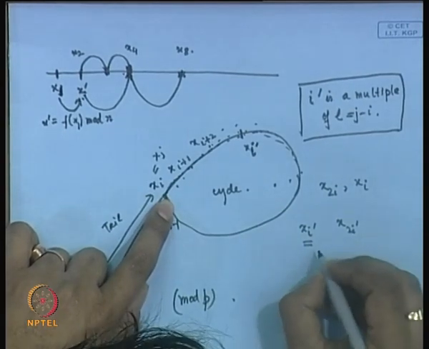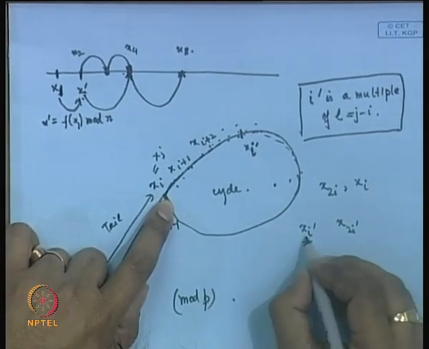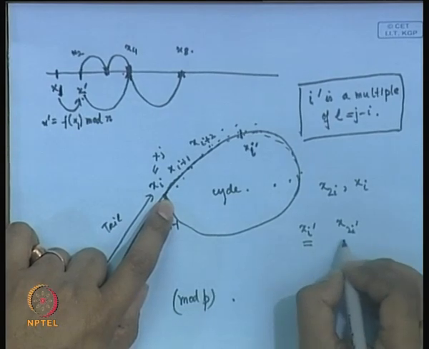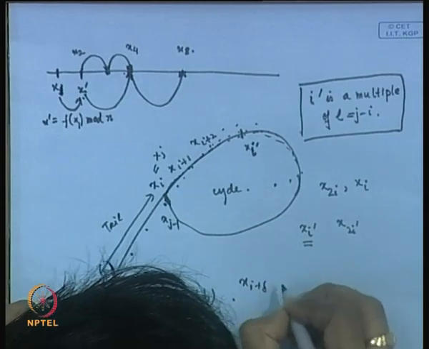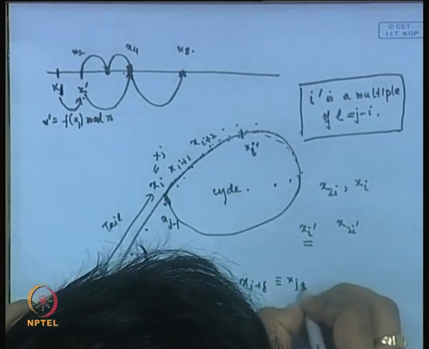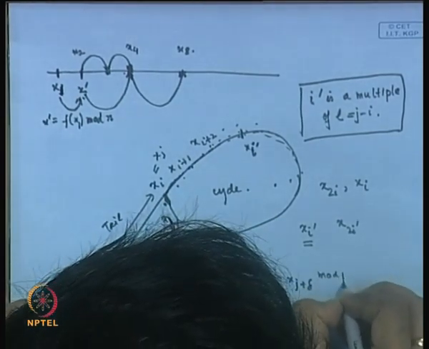So, you know that these two numbers will also collide, because xi plus delta is equal to xj plus delta modulo p, okay.